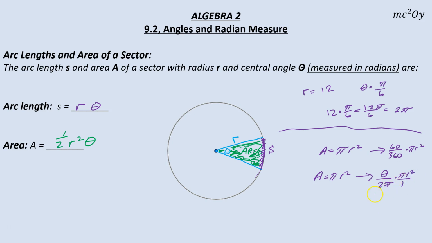But note what happens here. Pi cancels, and I'm left with r squared times theta, all over 2. Another way of writing that is 1/2 r squared theta, which is this formula right here. It looks a little different. It's stuff you've done in geometry, but you're dealing with radians now, so it's a bit different.